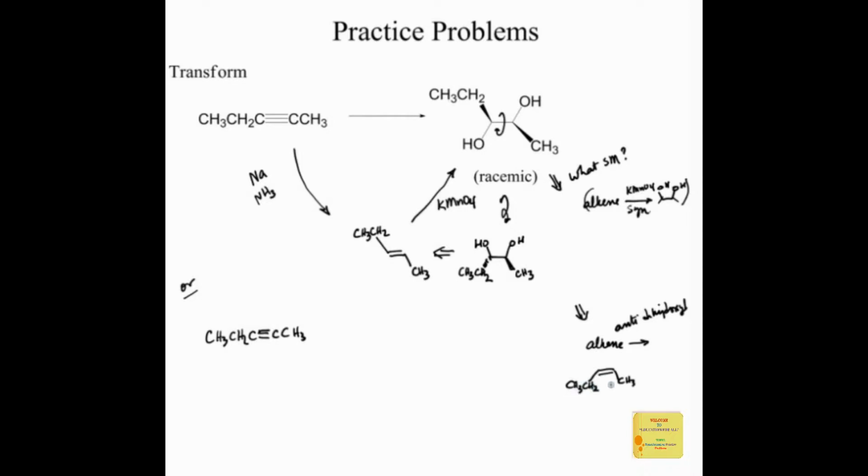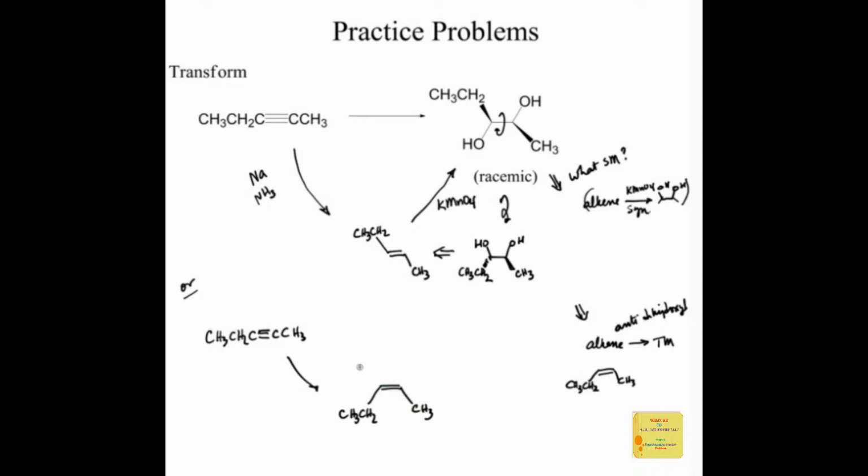So if we had them cis to each other and then we did an anti-dihydroxylation, that would successfully give us our target molecule. So another possibility to get this same target molecule is to reduce this not to the trans alkene but to the cis alkene.